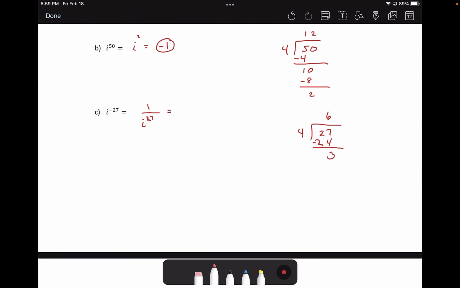That means this is 1 over i cubed. i cubed is negative i. And typically we don't want i in the denominator. So to undo this, we're going to multiply by the reciprocal. And that's going to give us i over negative i squared, which is i over negative negative 1, which is simply i.